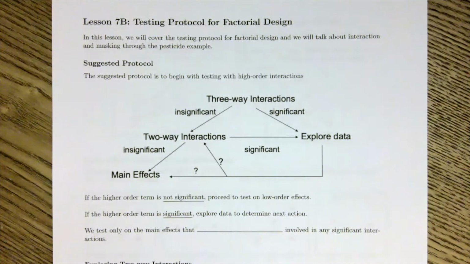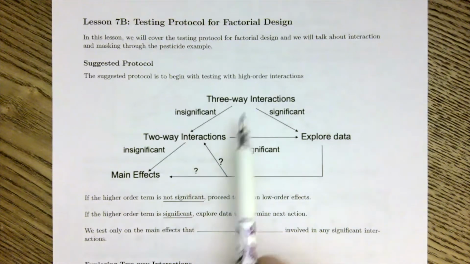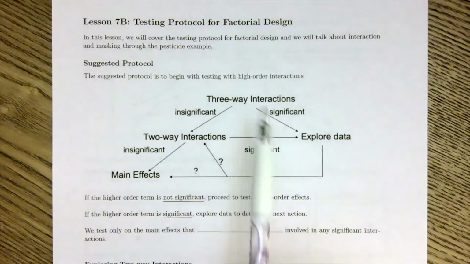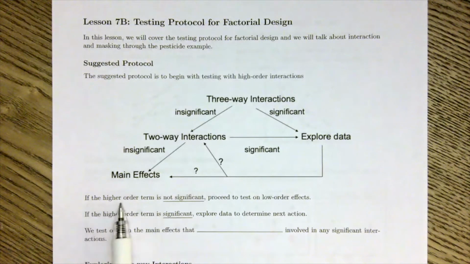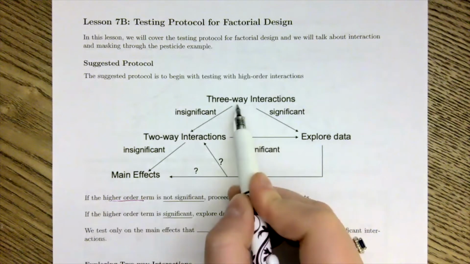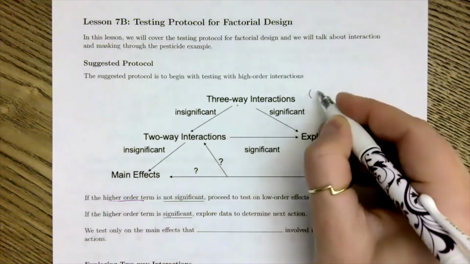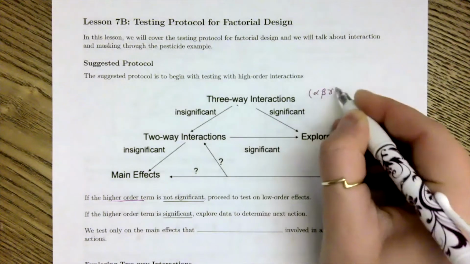Typically, you want to start with the highest order interactions. So in a three-way factorial design, that's going to be the three-way interaction. In a two-way factorial design, that is a two-way interaction. And so if the higher order terms are not significant, let me define what I mean here. By higher order, I'm talking about your three-way interaction, so that's your alpha, beta, gamma term.